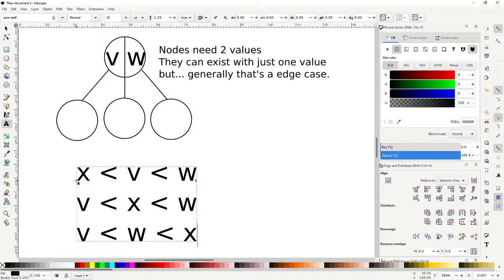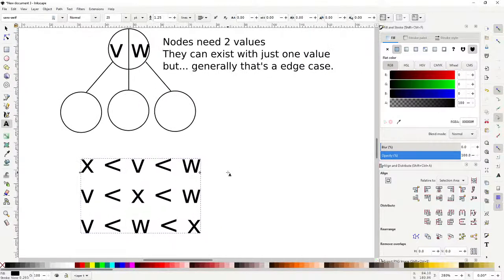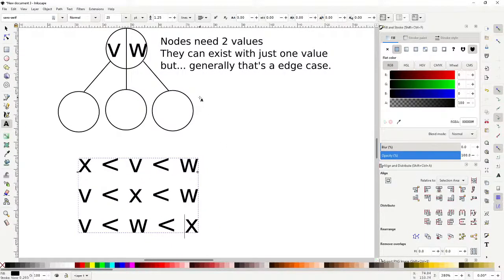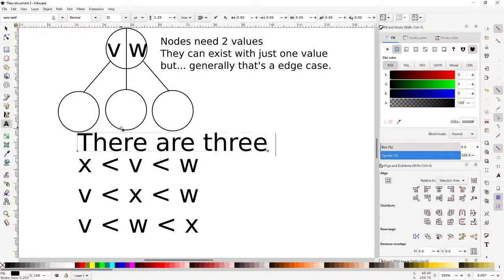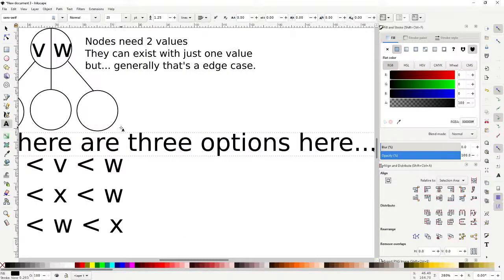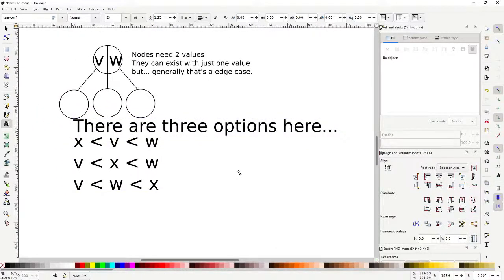So those are the three options. Either x is less than both of them, x is in between, or x is bigger than both of them. There are three options here.